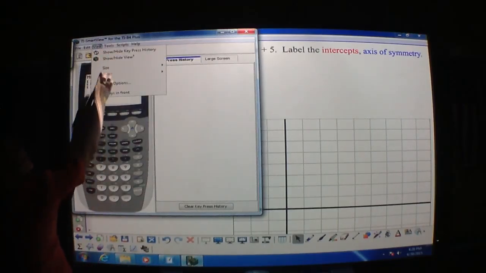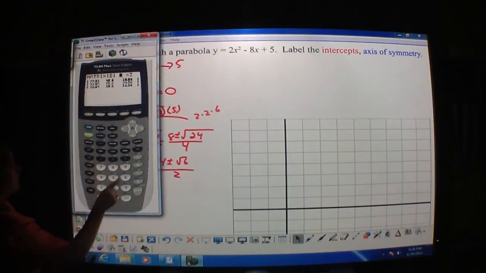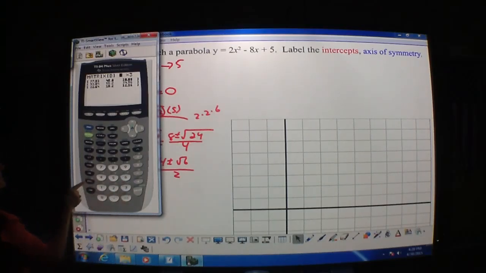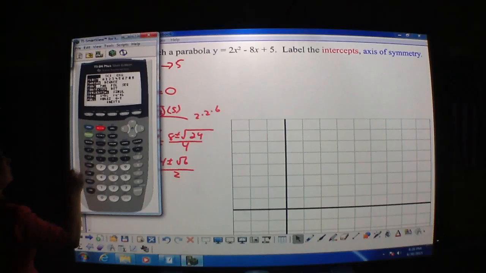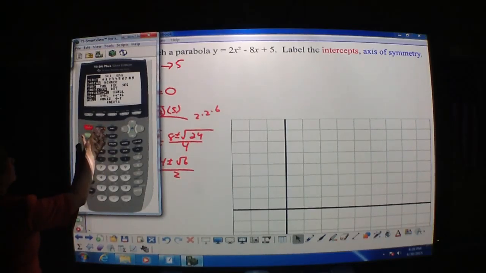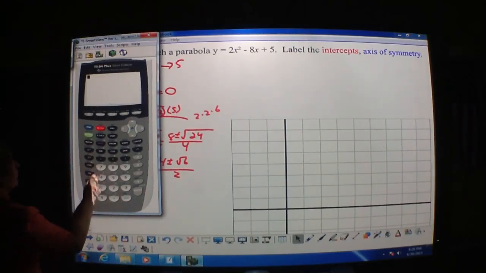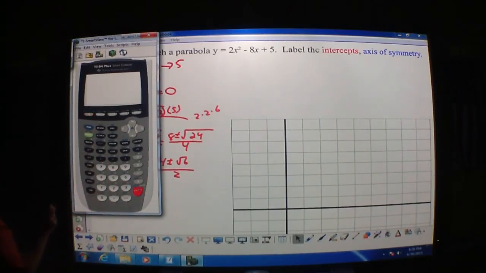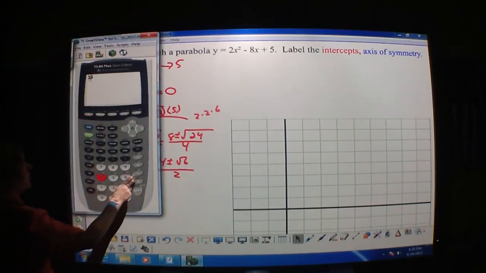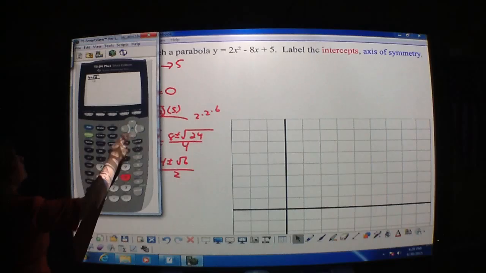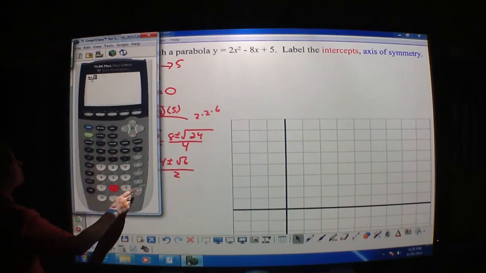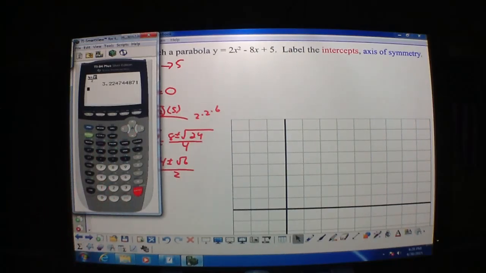I have a fraction, so I'm going to use the fraction key because I think it's much easier. 4 plus the square root of 6 over 2 gives you about 3.2.